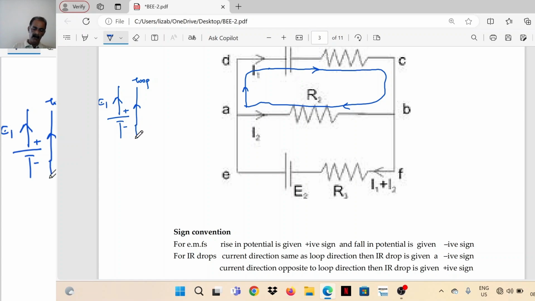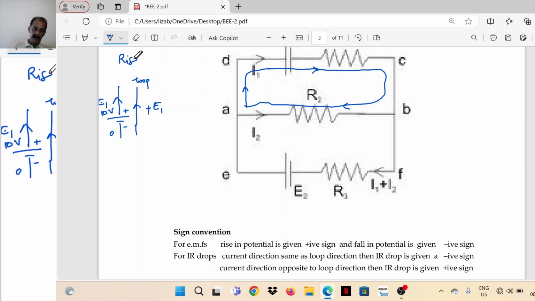Assume negative is at zero potential, positive, say, take 10 volts. So the loop is from negative terminal of the battery to the positive terminal. So 0 to 10 it is a rise in potential. So if this is the direction of the loop, then E1 should be given a positive sign, plus E1.